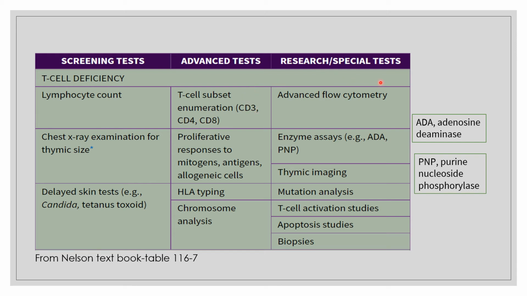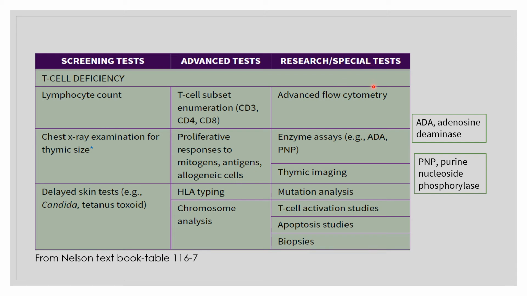And for the special test, there is advanced flow cytometry. For the chest X-ray thymic size, we can do the advanced test, which is examining the response to mitogens, antigens, and allogenic cells.